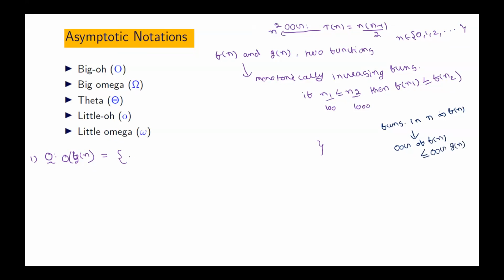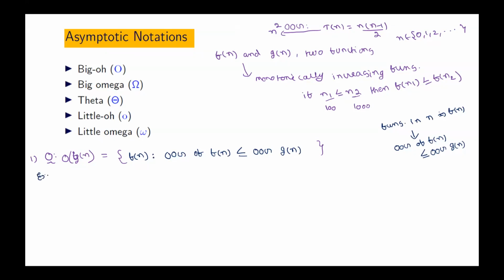So it contains all functions f of n such that the order of growth of f of n is less than or equal to the order of growth of g of n. We know what order of growth is.